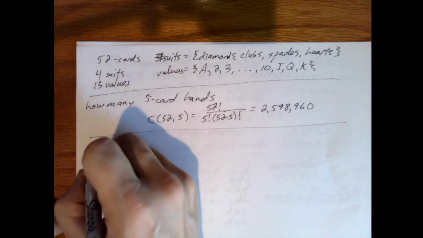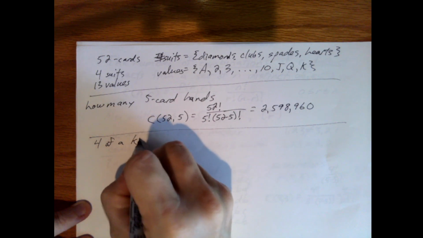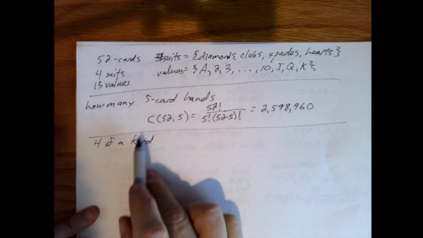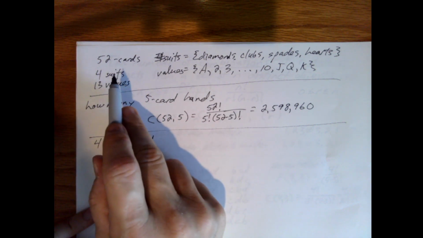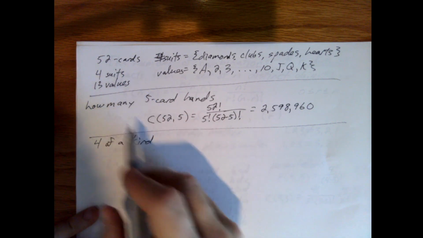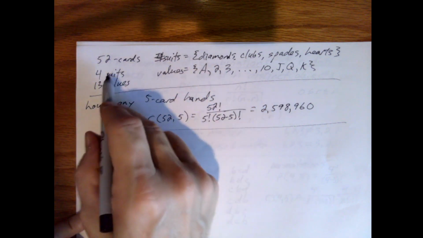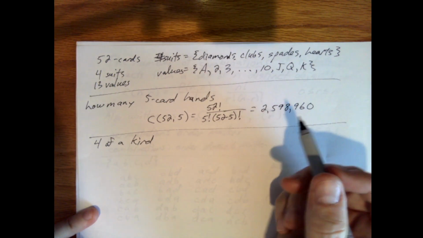So what if we have 4 of a kind? This means that we will have all 4 cards from a particular kind, like all the 3s. Okay, so we would have one representative from each of the 4 suits, and then we just have one of the other values.